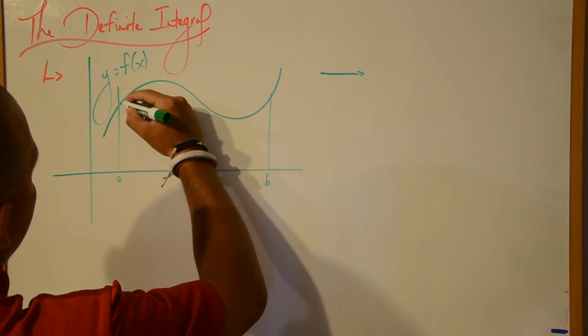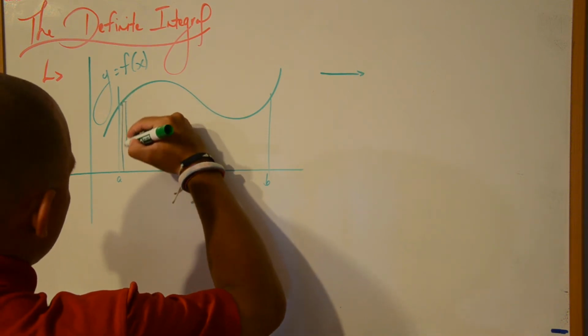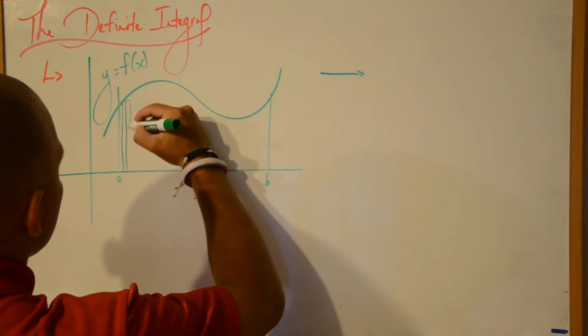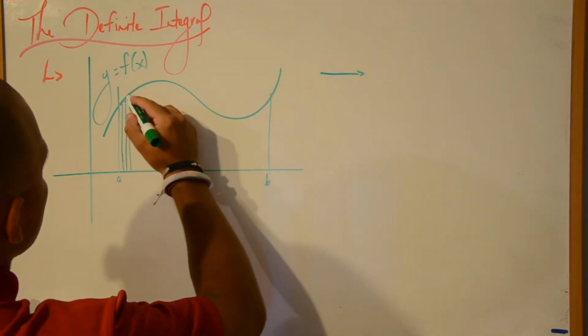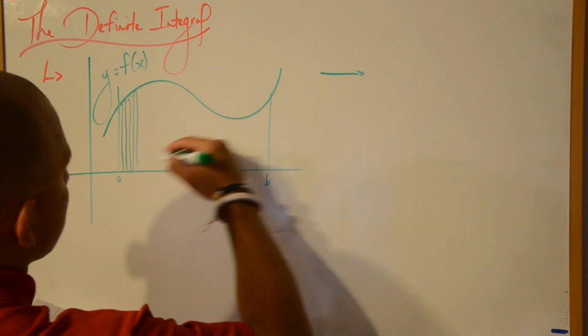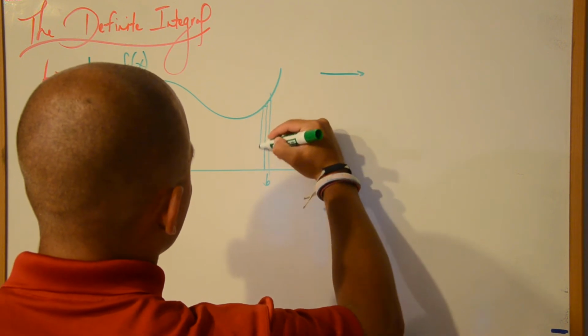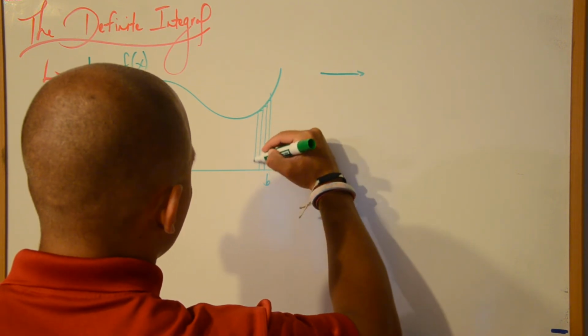It is infinitely chopping the area beneath the curve. Right?